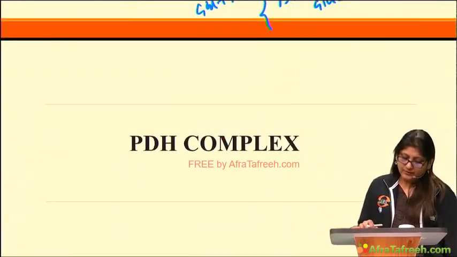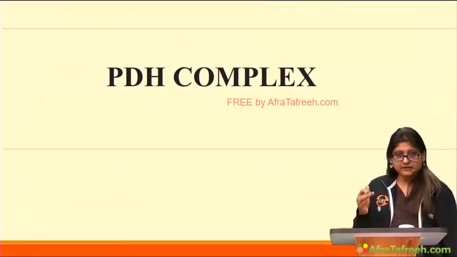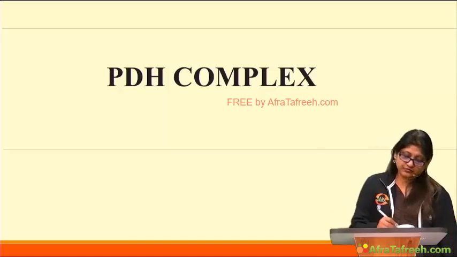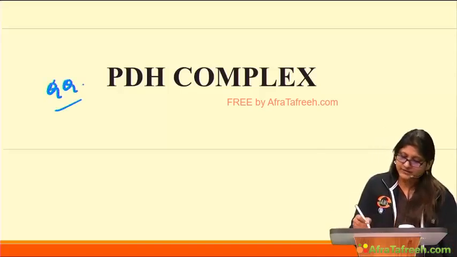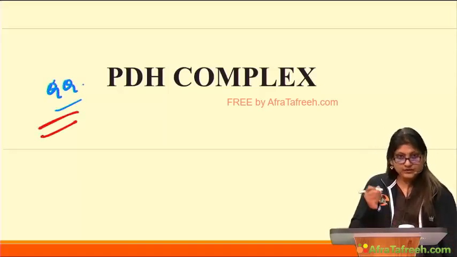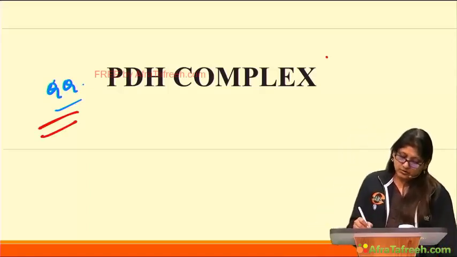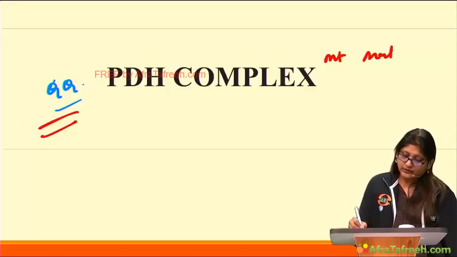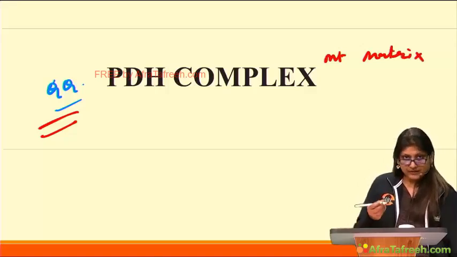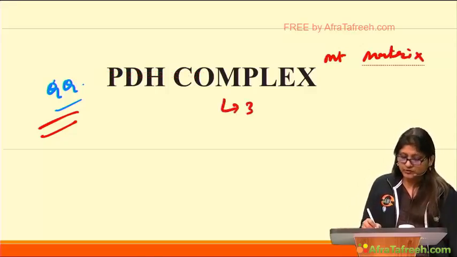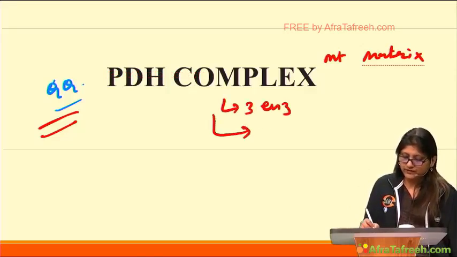Very good. Now coming to the next important aspect in the carbohydrate metabolism, which is favorite of your examiner nowadays. Every year they are asking you certain questions on the PDH complex. So the PDH complex is a mitochondrial matrix complex which is made up of 3 enzymes and 5 coenzymes. You must know their names.